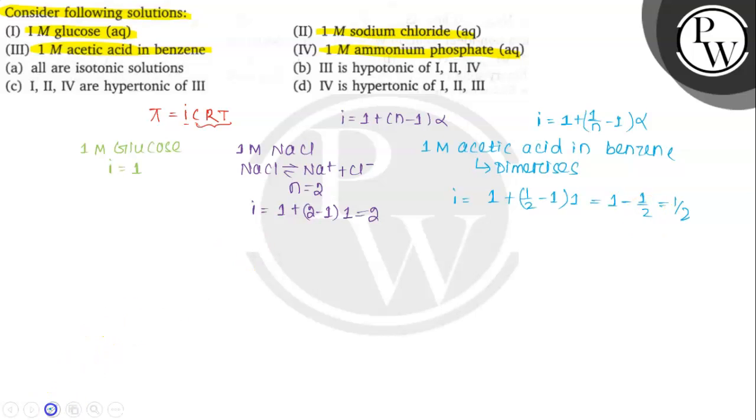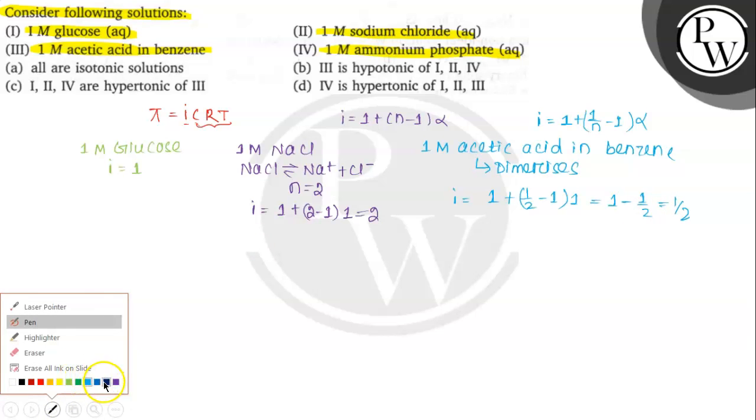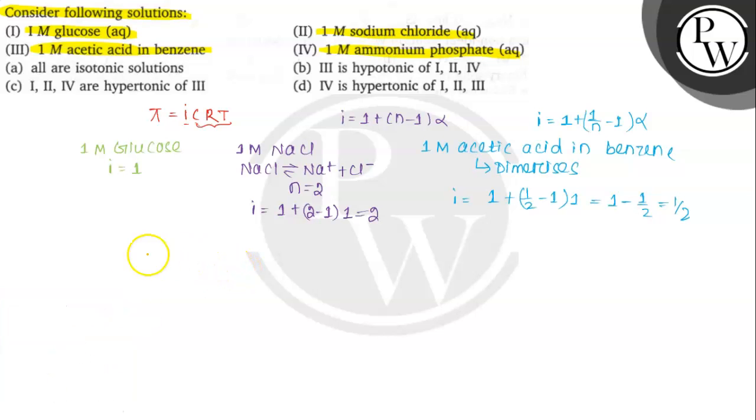Now the fourth one: 1 molarity ammonium phosphate, that is (NH4)3PO4.